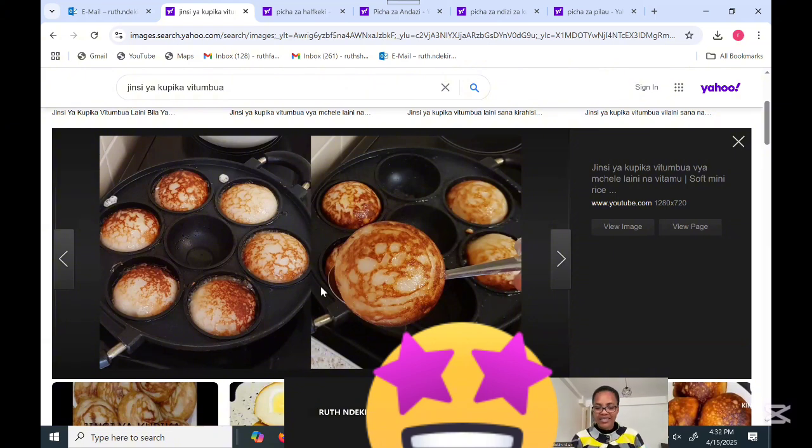It's just snacks. So this is how they do it. This is the cooking pan for vitumbua. So you put oil here, and then you pour this liquid from the milled wet rice. Then you keep turning, and you're good to go.